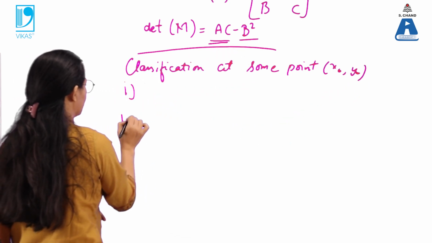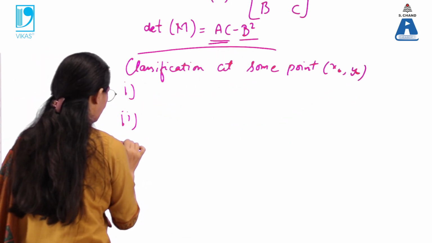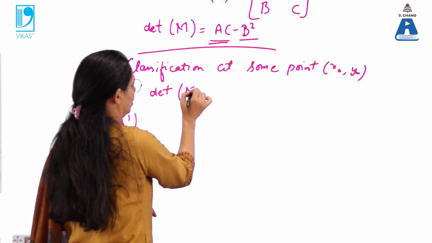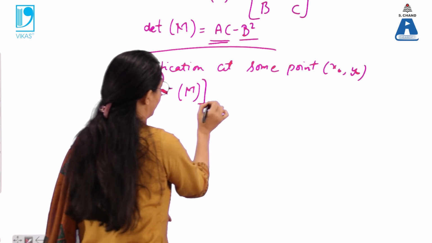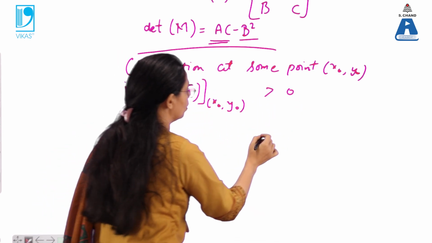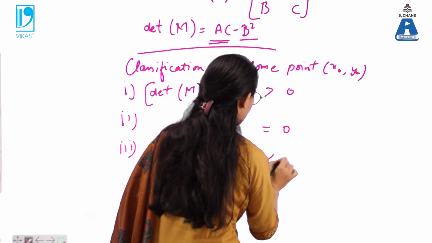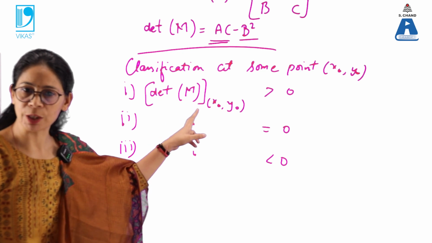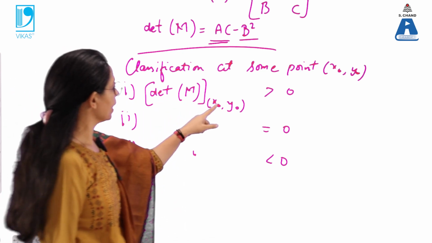Well, again there will be 3 possibilities. So, the determinant of M at x naught, y naught will either be greater than 0, or equal to 0, or less than 0. So, this is the determinant of this matrix form M at x naught, y naught.